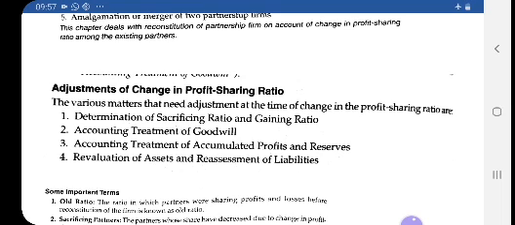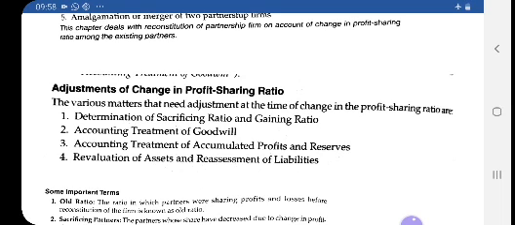Then what will you do? Then again you have to follow the three steps. First, you calculate the gain and sacrifice of a partner, the sacrificing and gaining ratio. Second, you calculate what amount is to be compensated by the gaining partner to the sacrificing partner.